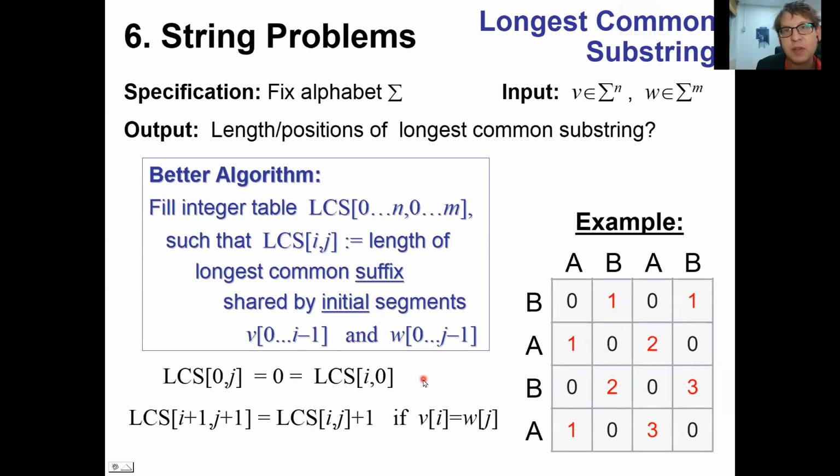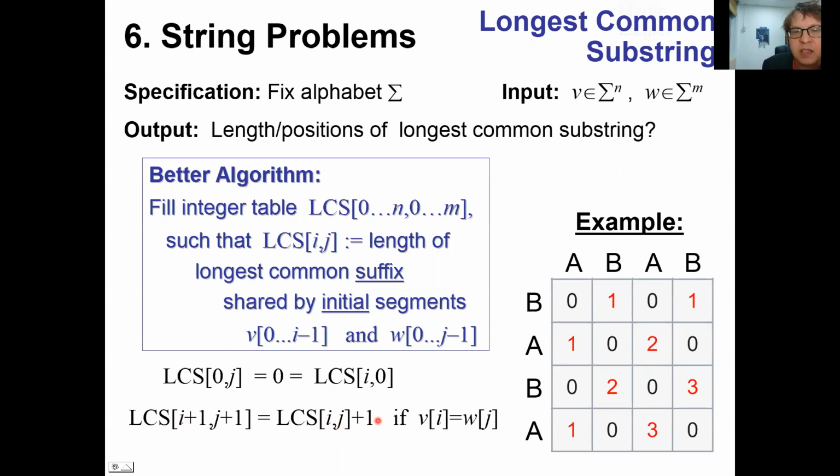Then the interesting part really happens when we fill the inner entries of the table. So the inner entries are filled here inductively. The (i plus first, j plus first) entry of the table depends on the ith and jth entry, which means one up and one to the left.